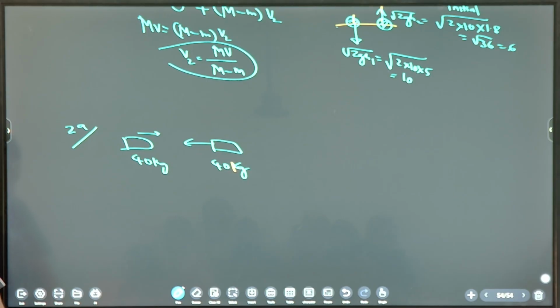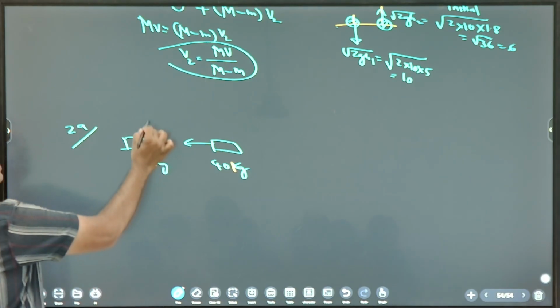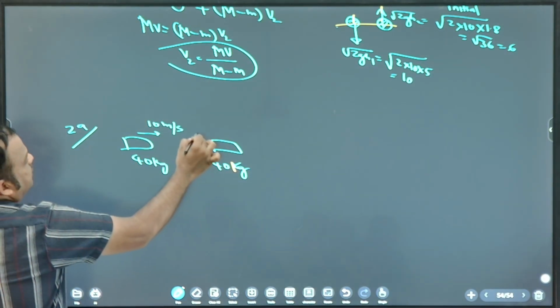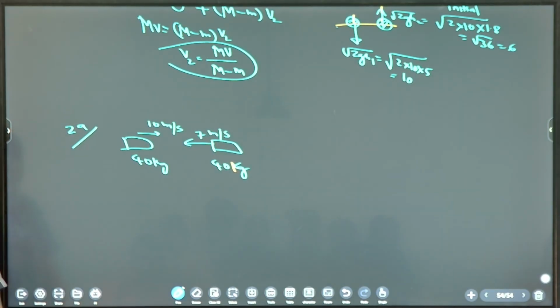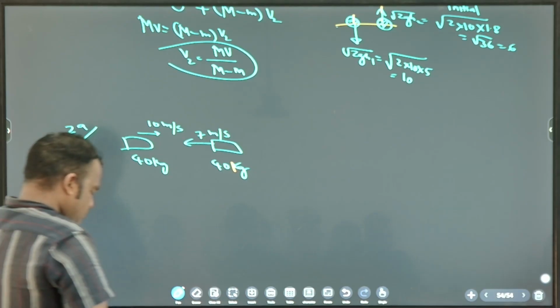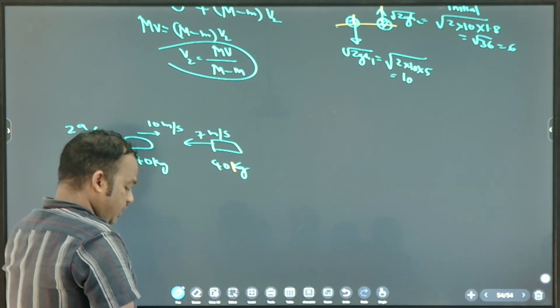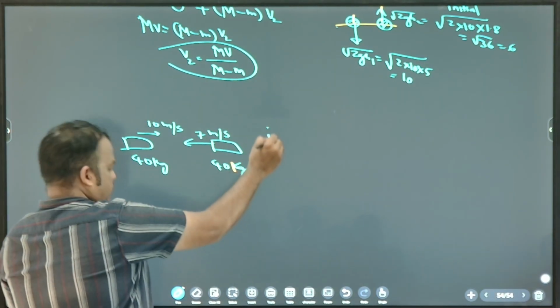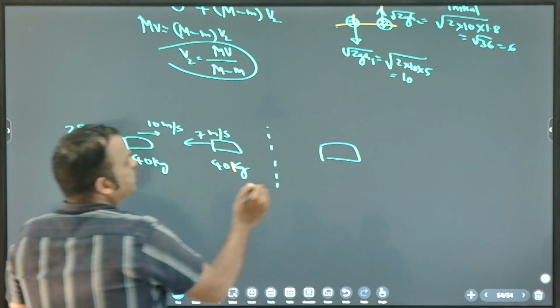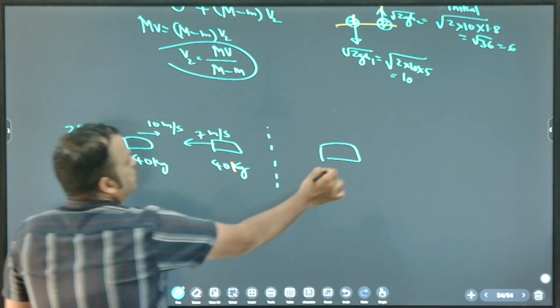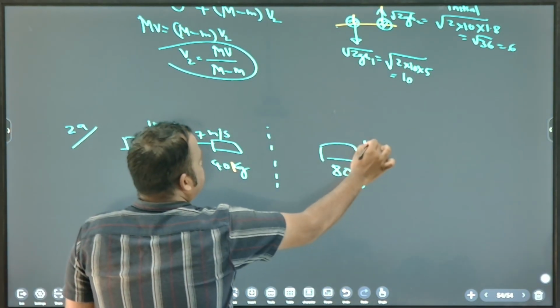One with velocity 10, other with 7. So 10 meter per second and this is 7 meter per second. They collide and move as one body. So what is the velocity of the combination? So what is the combined mass? 80 kg. Velocity is v.